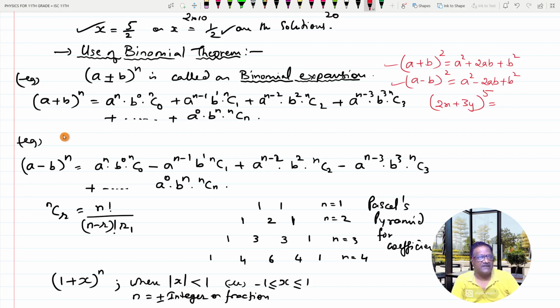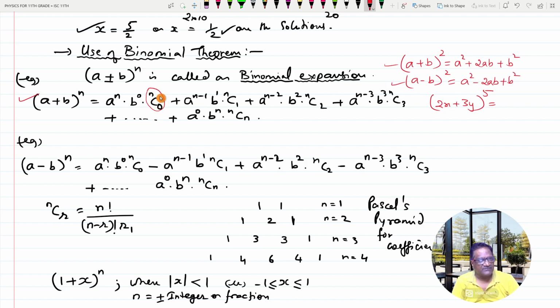So in general, this is the formula for any binomial expansion. A plus b whole raised to n is equal to a raised to n into b raised to 0 into c, this particular part known as combination nC0.